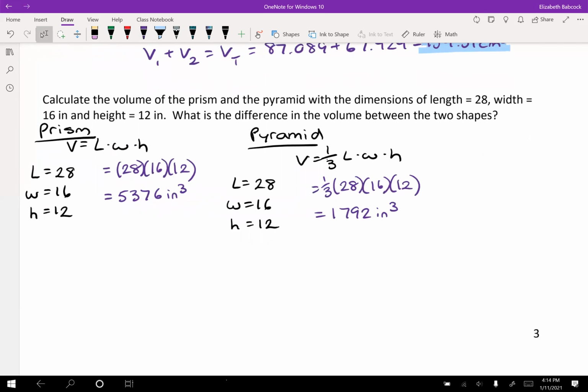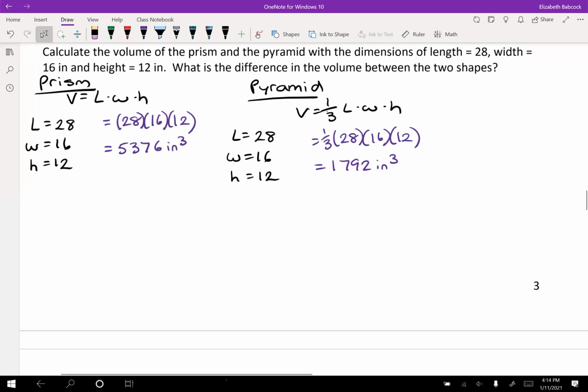When you're talking about the volume between a pyramid and a prism, note that the volume of a pyramid is equal to 1/3 the volume of a prism.